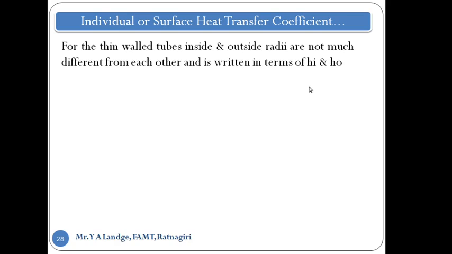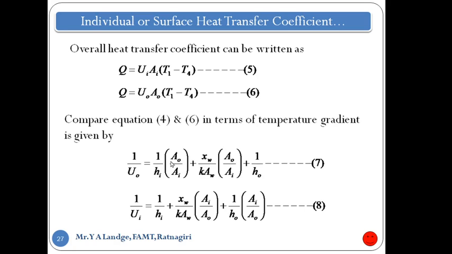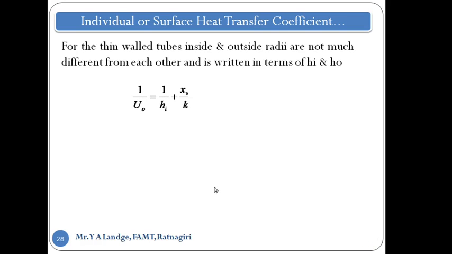So we neglect the thickness, and we write the equation in the form 1 upon Uo is equal to 1 upon Hi plus Xw by Kw plus 1 upon Ho. Because we consider the radius almost the same, we neglect this part and write the equation in this form.